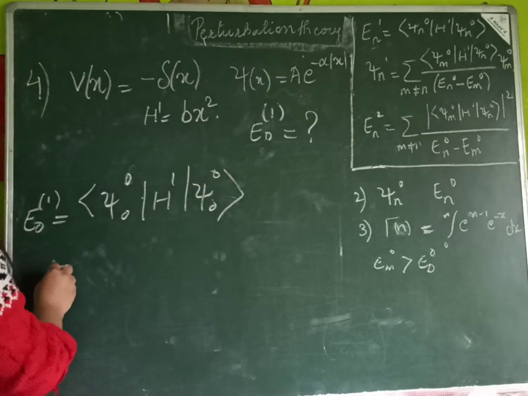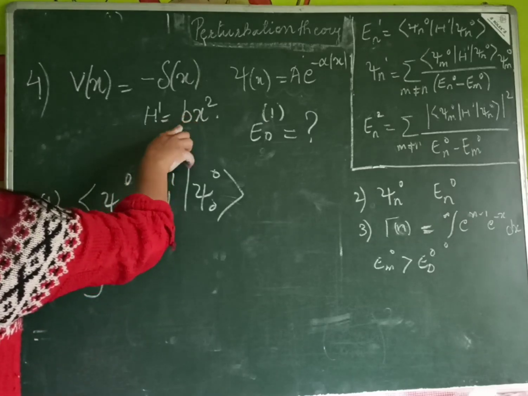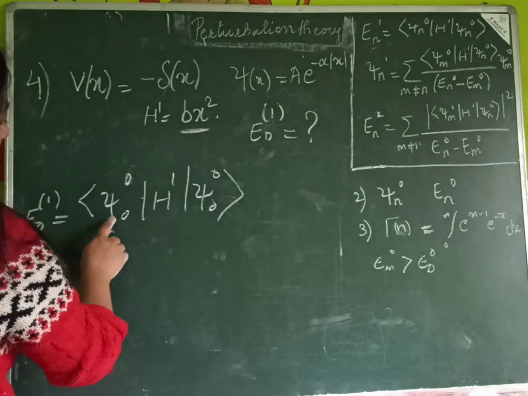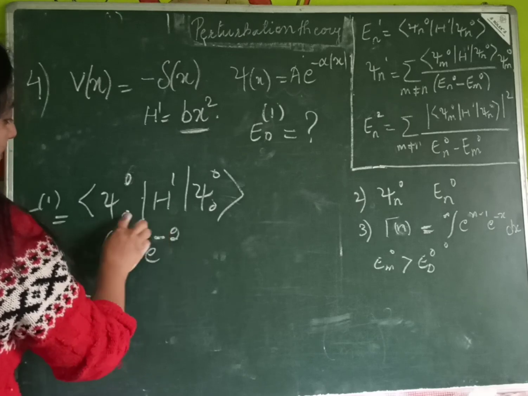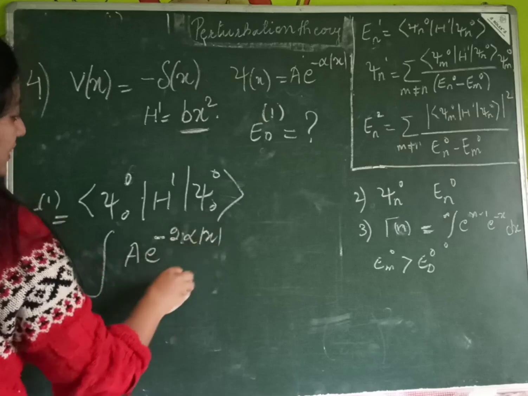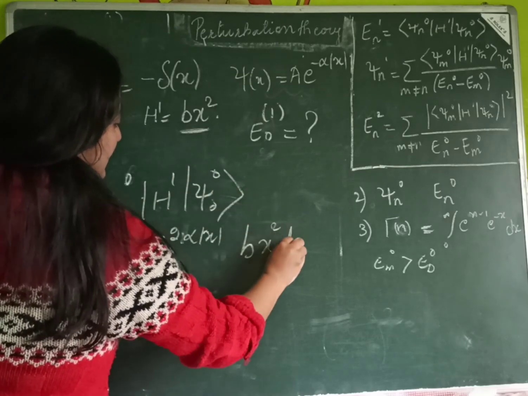Now I have to make use of this perturbation here. So it is A e to the power minus, because psi 0 0 squared, twice alpha mod x, and then H prime, which is B x squared, dx.